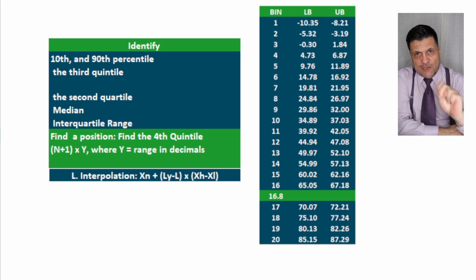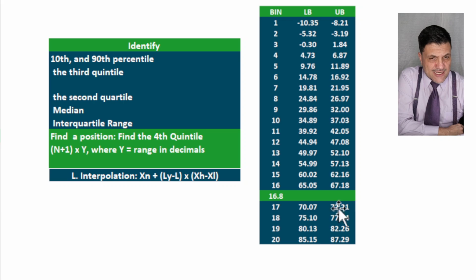What numbers belong to that? Well, it's a number close to 70.07 because 16.8 is very close to 17. So I would put 69 here, and here a number that's also close to 17 but not going over, like 70.8.